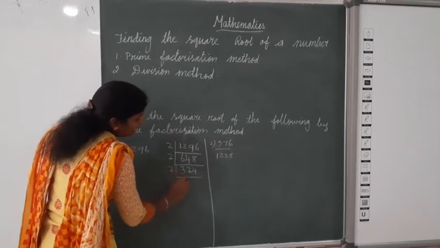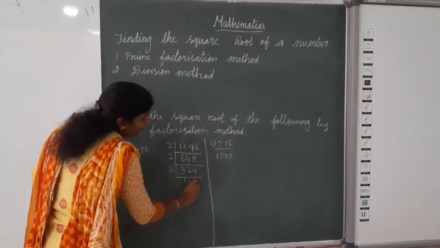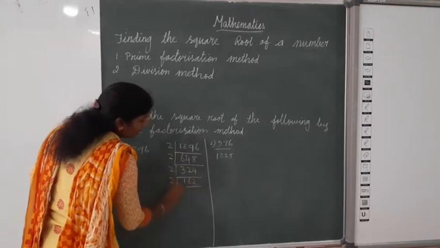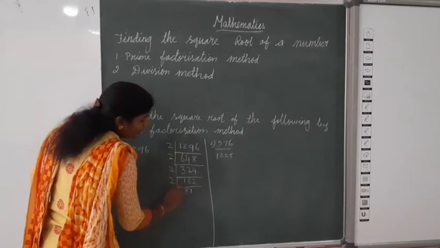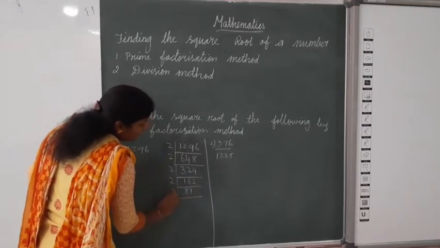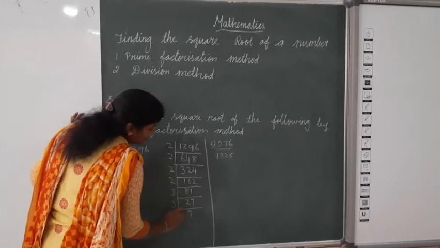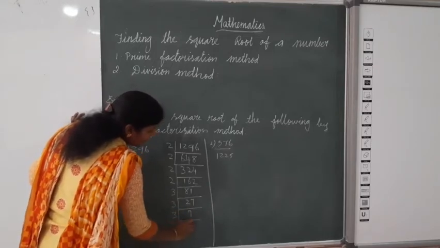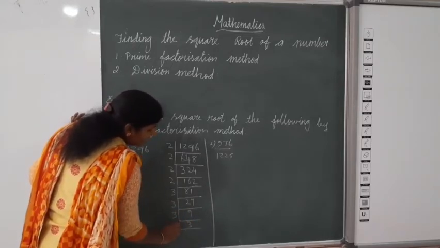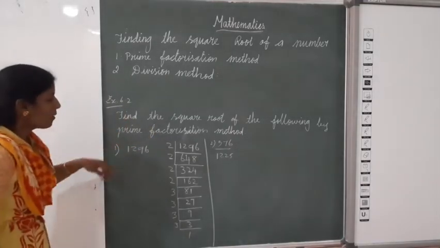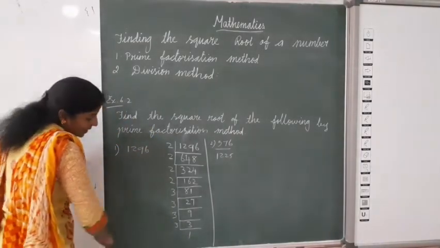Then 2 table, 1 2 is 2, 6 2s are 12. 2 2s are 4, then 2 table 8 2s are 16, 1 2 is 2, then 3 table 2 3s are 6, 7 3s are 21, then 3 table 9 3s are 27, 3 table 3 3s are 9, then 3 table 1. Now what are the prime factors? 2 and 3, isn't it?